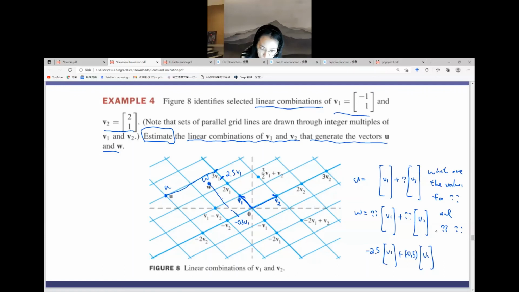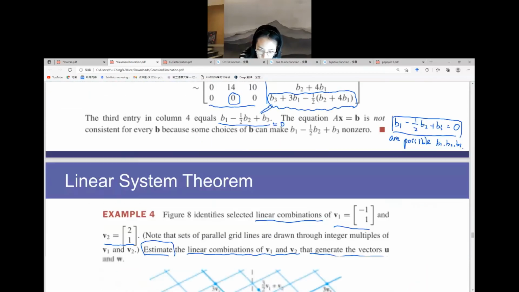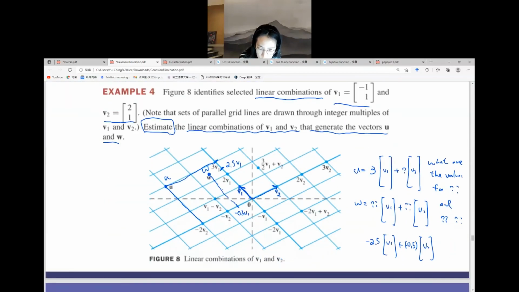So I would put 3 V1 here. And then how many V2? Negative 2 V2. So 3 V1 plus negative 2 V2. Do you agree?